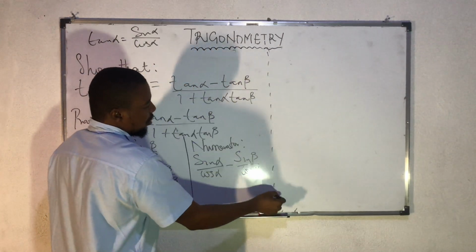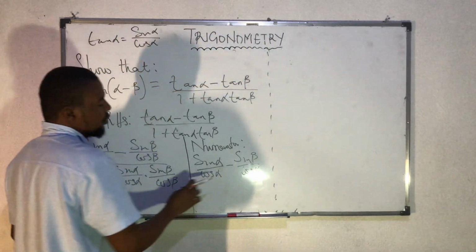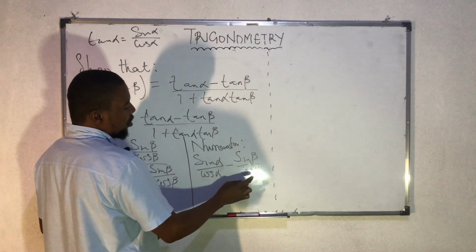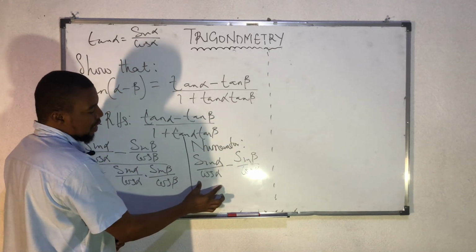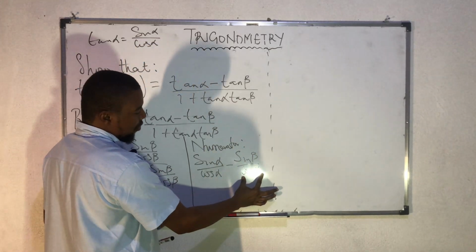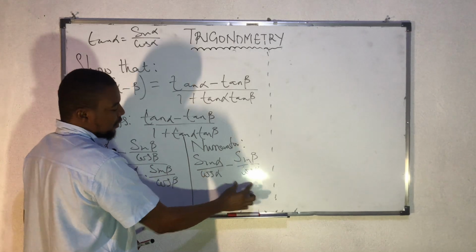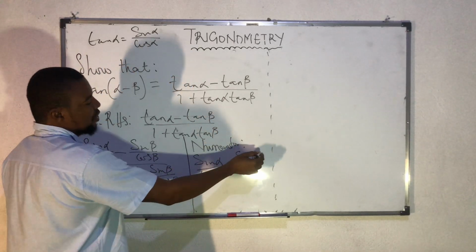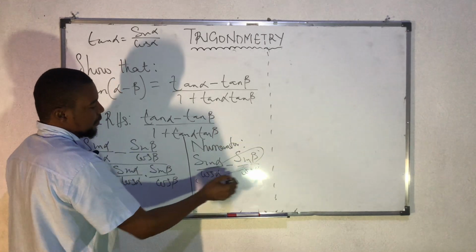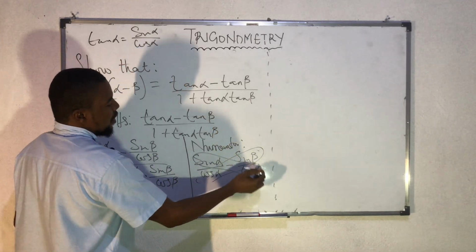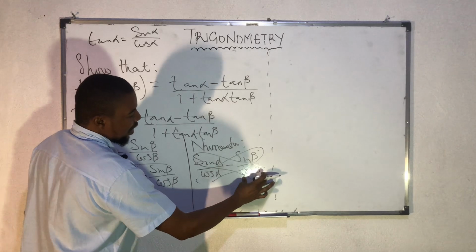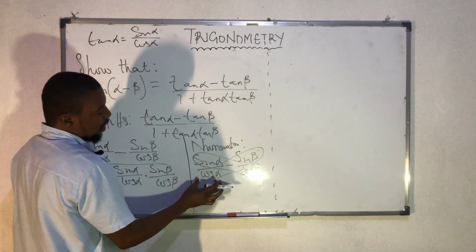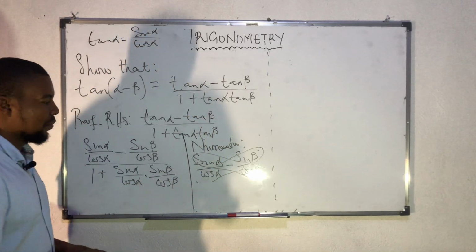I'm going to use this space now to simplify this numerator. Remember, I told us that we're going to multiply everything on the left by the denominator of the right and everything on the right by the denominator of the left. It's as simple as that. Just multiply diagonally and diagonally.